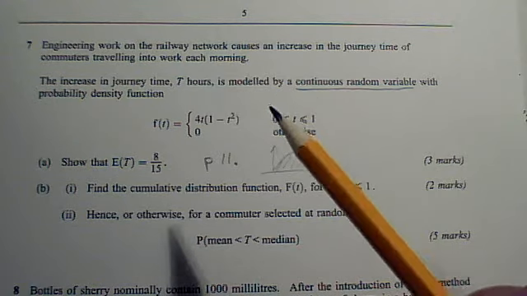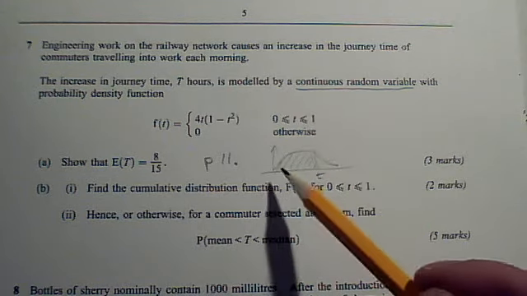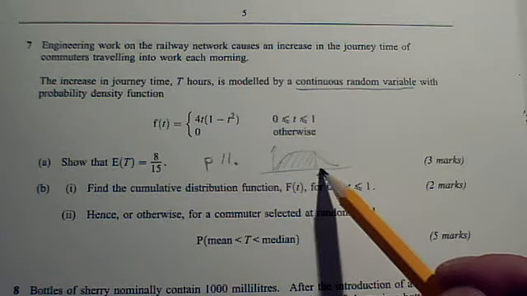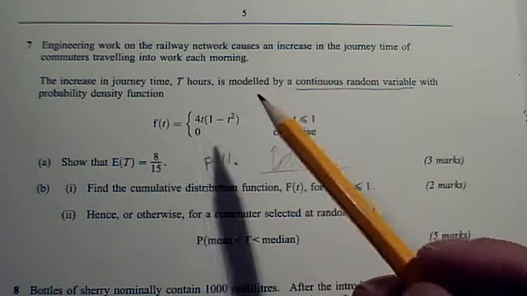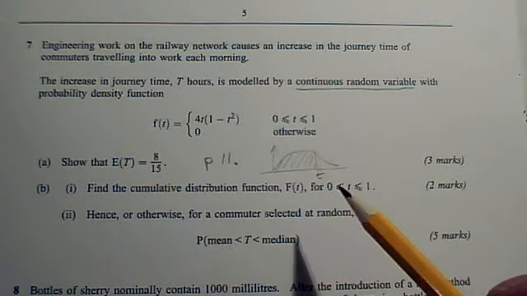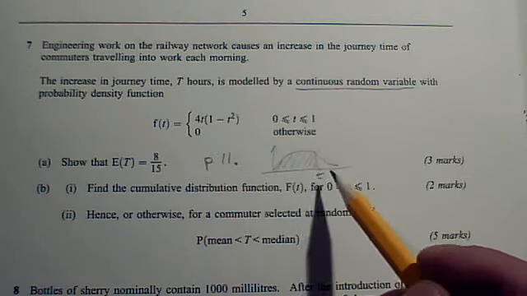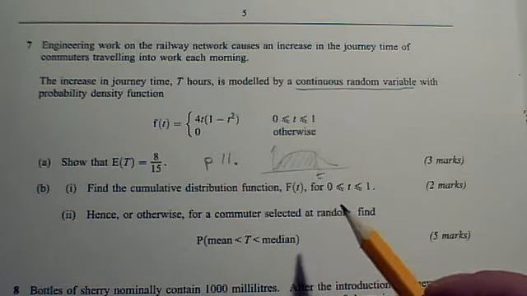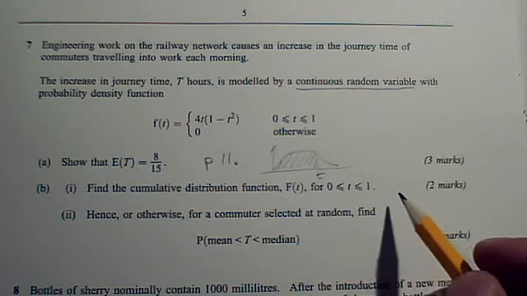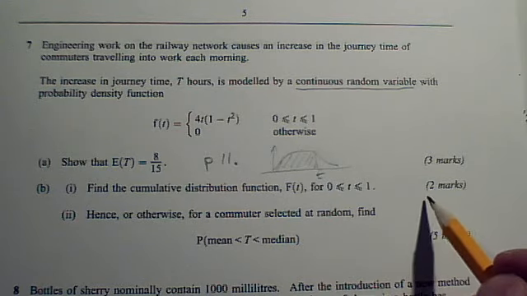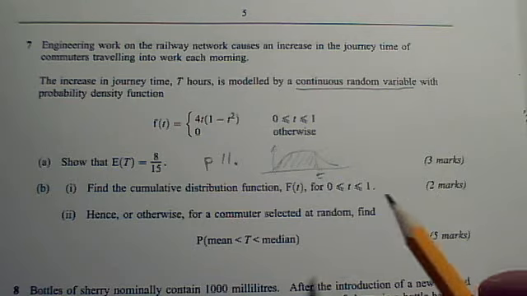Set up an integral in order to find that area, and the top limit of that integral is going to be t. Integrate as before, substitute in the limits, get an algebraic expression in terms of t, and simplify it if it obviously does simplify, but otherwise leave that as your answer for these 2 marks.